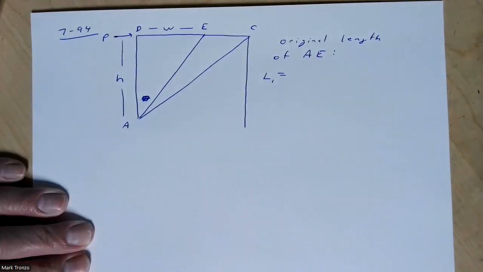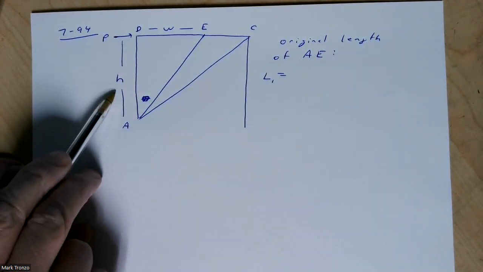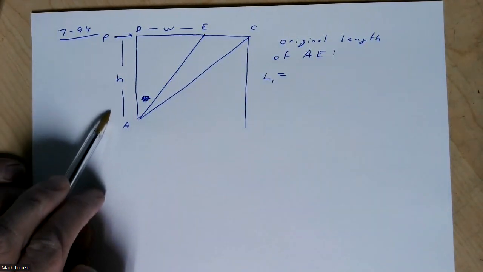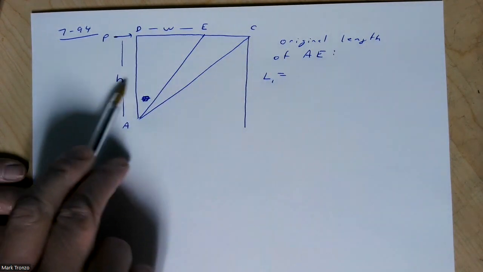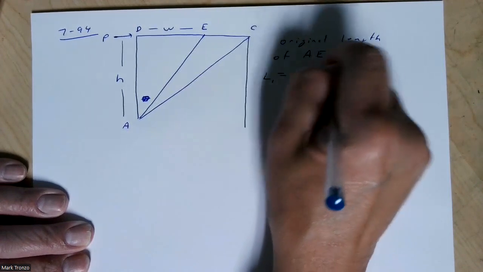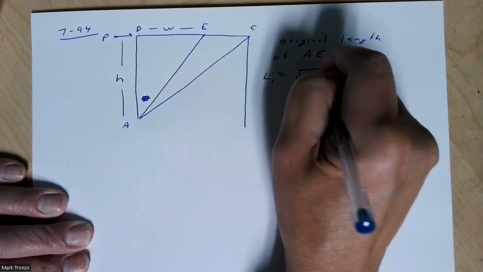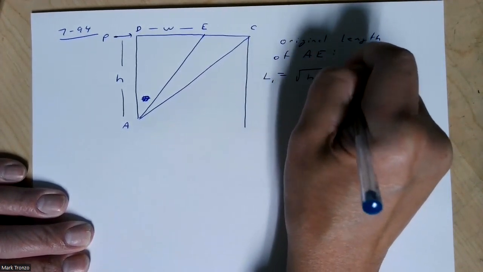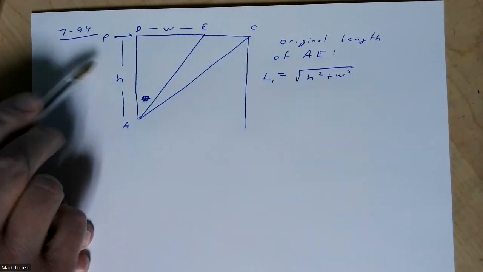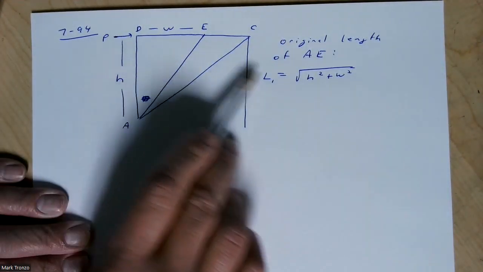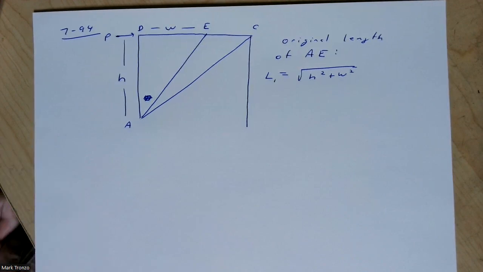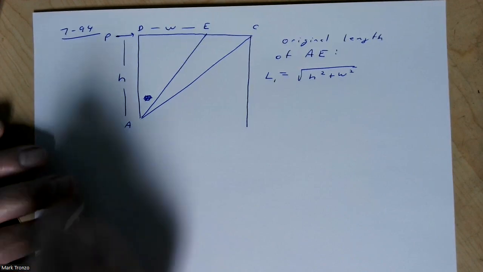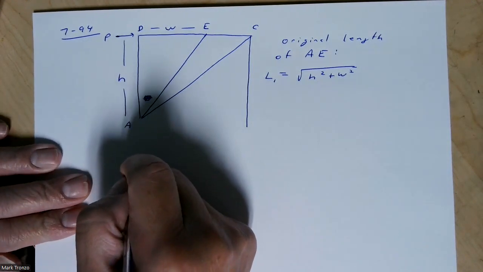And of course, that's simply going to be, I think you're given this height here and this width on your diagram. So just simply take the square root of the sum of the squares of this dimension and this dimension, just Pythagorean theorem. But now it's going to be moved a tiny bit.